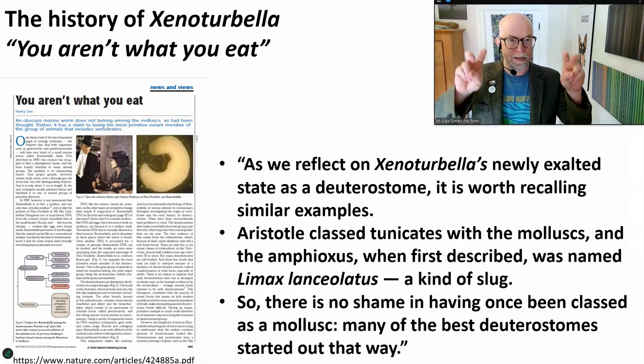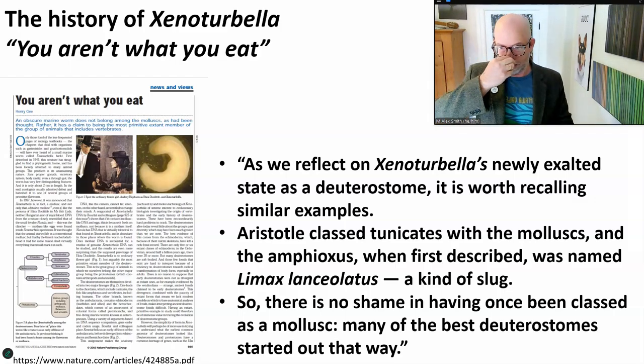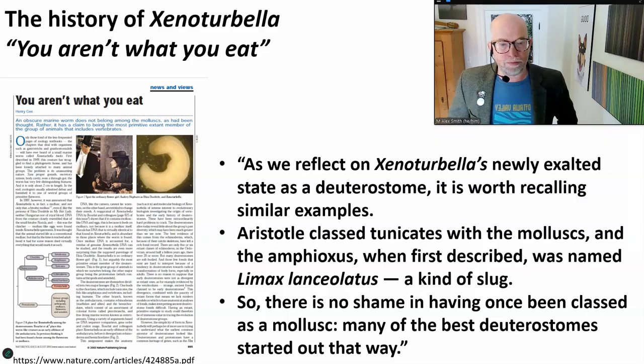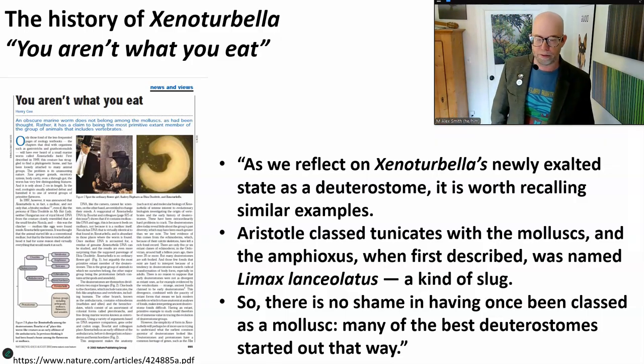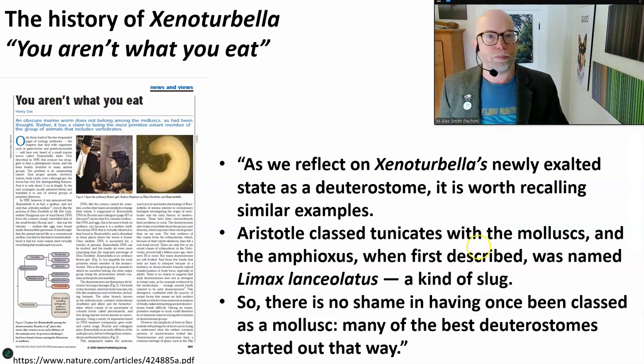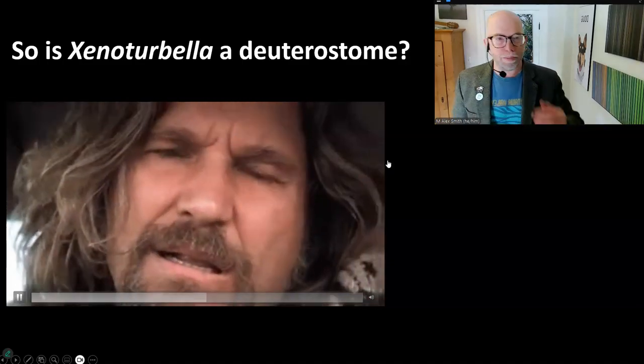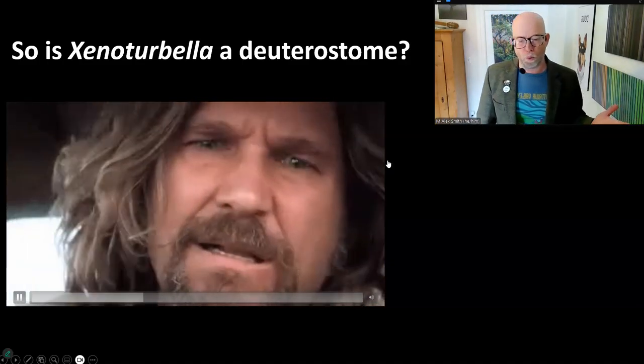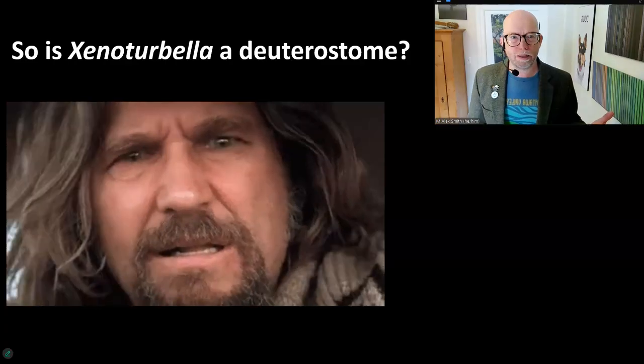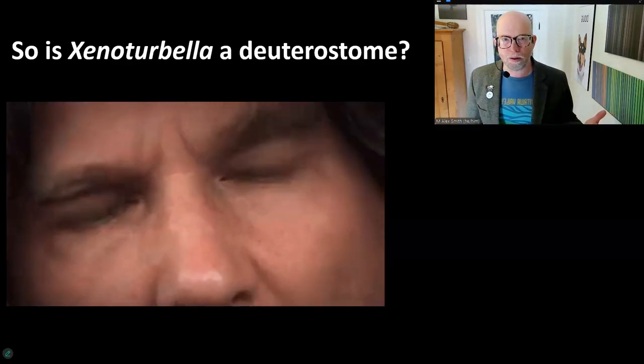These are big taxonomy fails if you do the hashtag and the meme. "There's no shame in having once been classed as a mollusk because many of the best deuterostomes started out that way." So, as we bounce along together, some of you might be thinking, as the dude does, what? So is it a deuterostome or not?